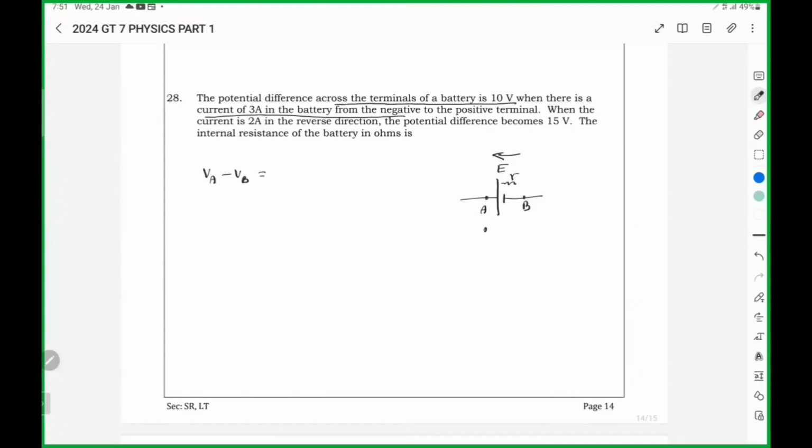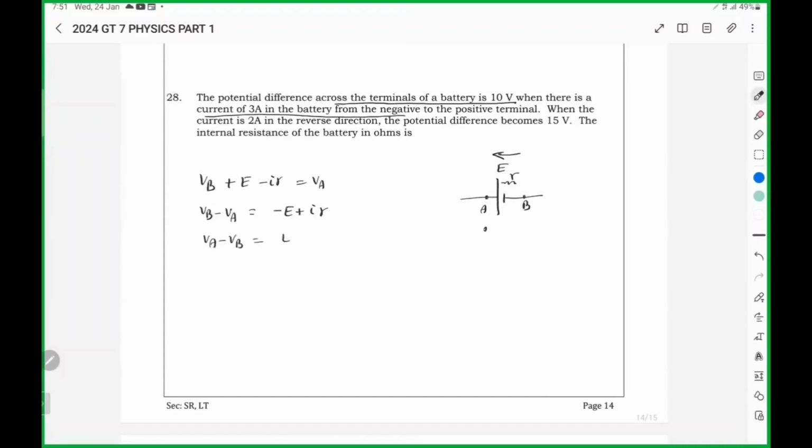If I apply Kirchhoff's law, VB, negative to positive means plus E, minus IR in the direction of current, moving from B to A, which is VA. So VB minus VA is minus E plus IR.